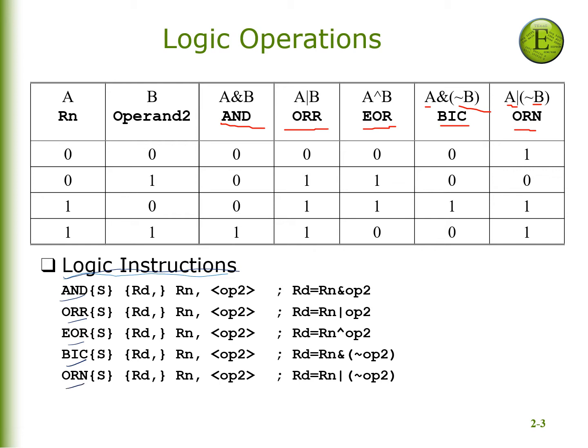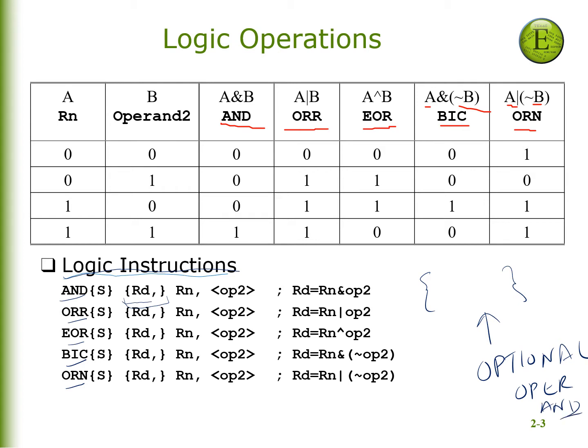Now in each of these instructions you have some operands. First of all, look at the first operand over here that is inside the parentheses. Any operand that is inside the parentheses means it is an optional operand.